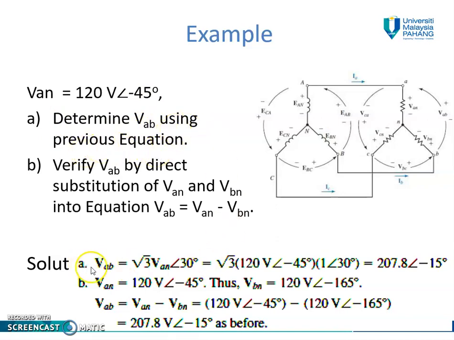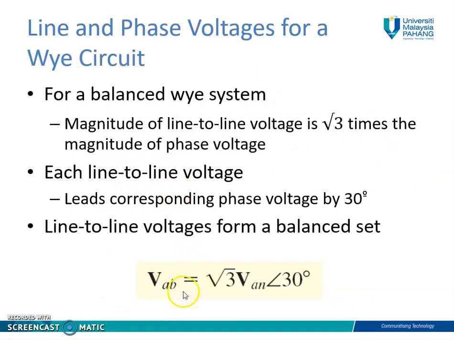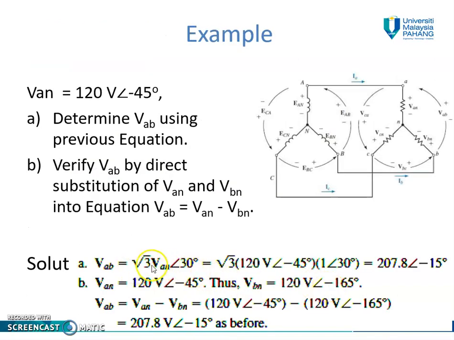So look at this solution. The previous equation given is VAB is equal to √3 times VAN with 30 degrees. Since we already have the value of VAN, which is 120 volts, we just put it into the equation.